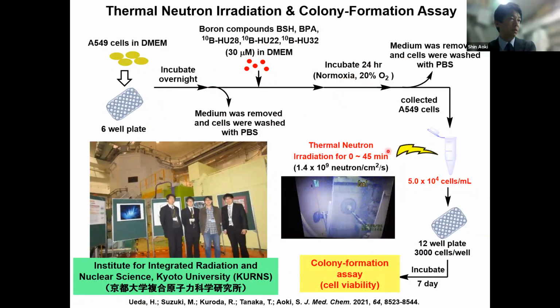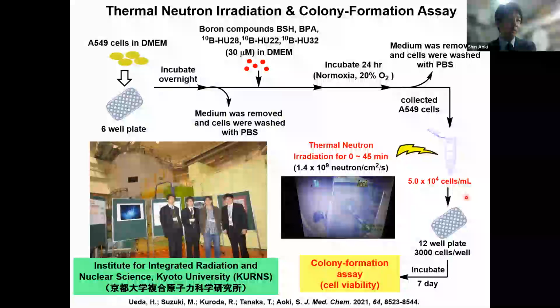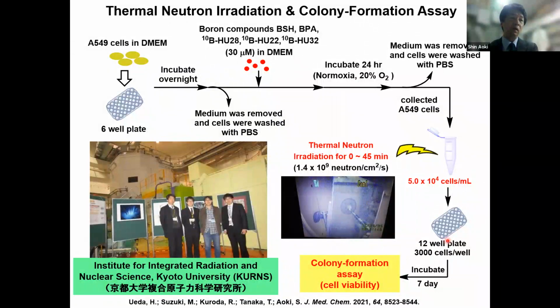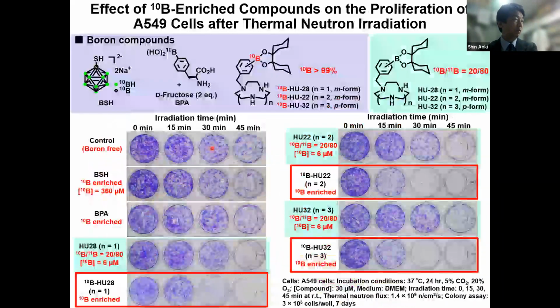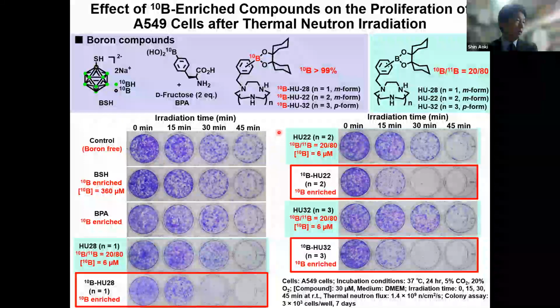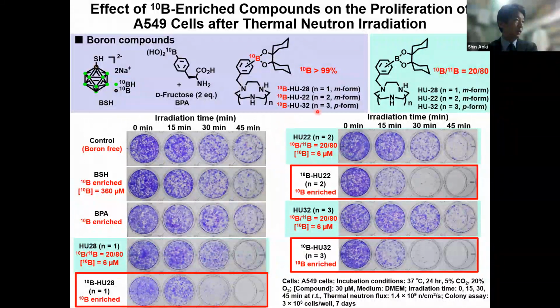Then thermal neutron was irradiated. After that, a colony formation assay was carried out for the evaluation of the BNCT effect of these boron-10 compounds. This picture shows the result of the colony formation assay of the cancer cells after irradiation with thermal neutron for 12 minutes, 15 minutes, 30 minutes, 45 minutes.